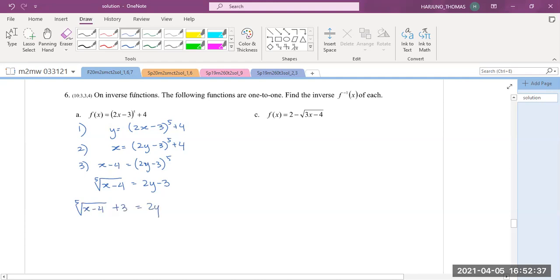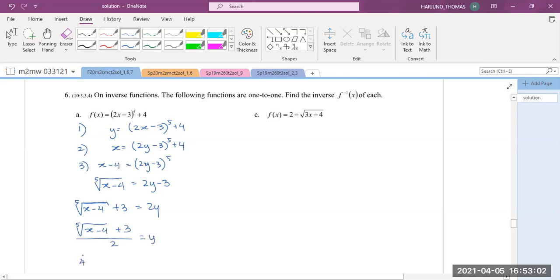Now make sure the root of this fifth root covers up to 4 only. Okay, and then I divide by 2. So maybe I make it the fifth root of x minus 4 plus 3 divided by 2 equals to y.